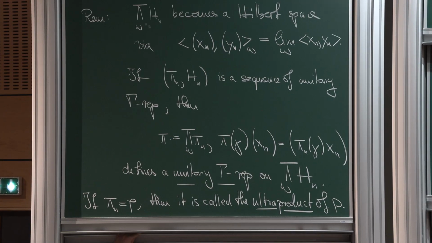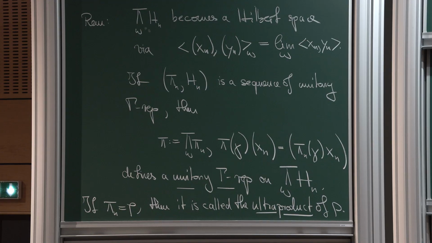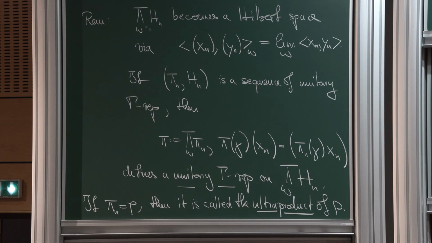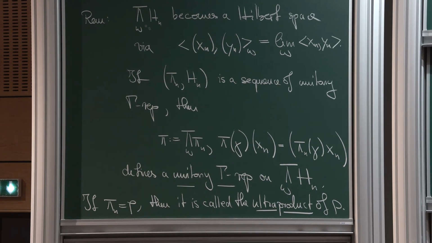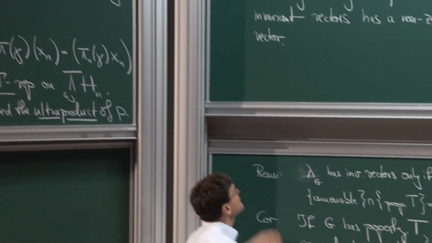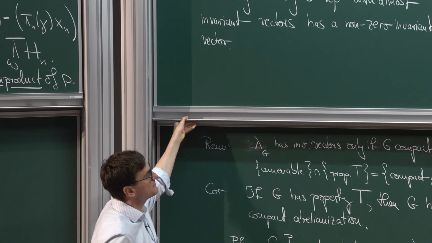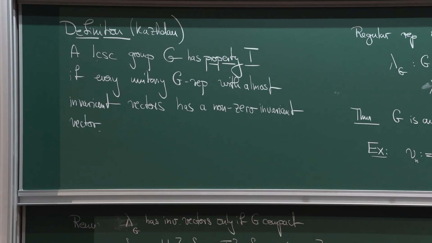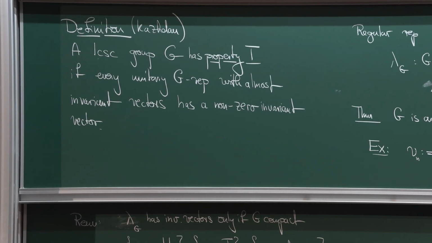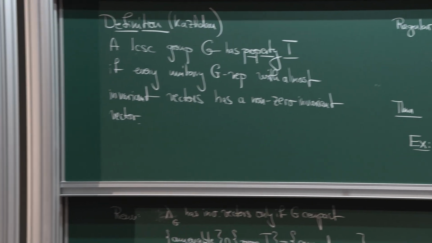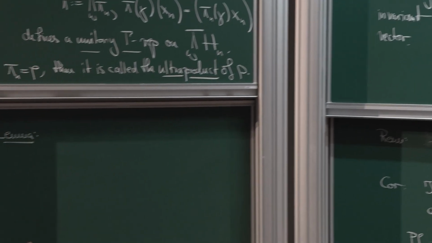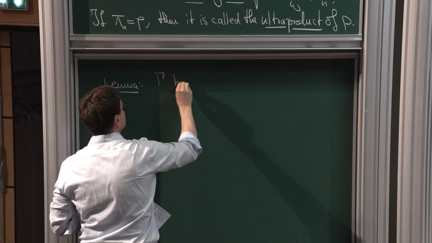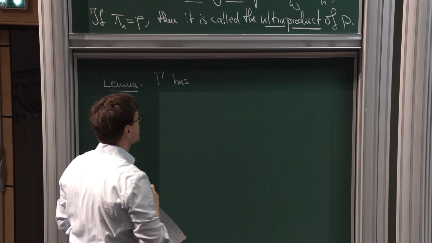Now, back to property T. We can express property T now in a, if you want, more sophisticated way using this construction. So here is a lemma, where there's not much to prove, but it will be an important observation for us.